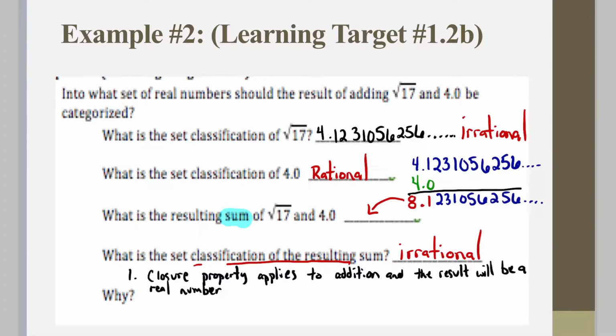And so that's point number one. So the closure property applies to addition and the result will be a real number.